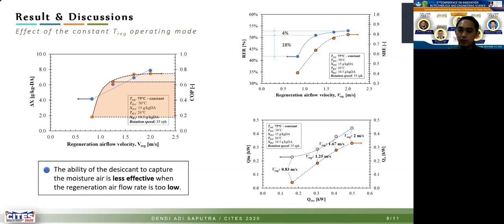Then we can see the heat recovery correlation between the regeneration heat input and the cooling capacity increases along with the increase of regeneration airflow velocity.